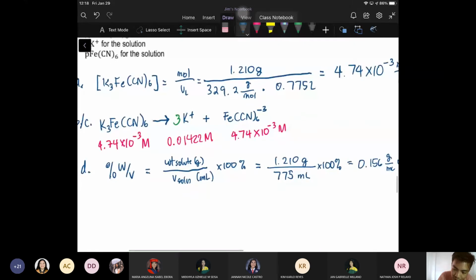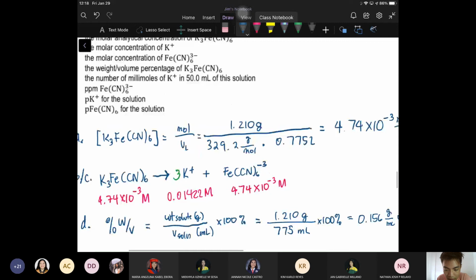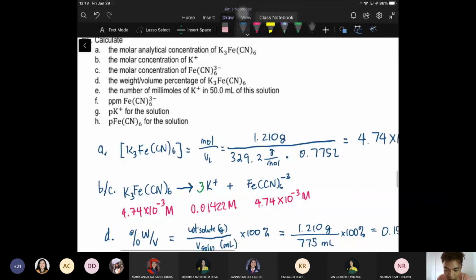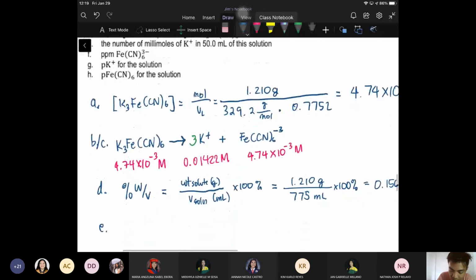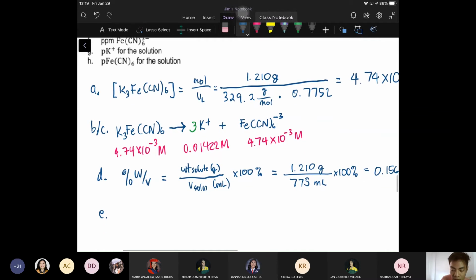Okay. Let's have letter E. Ano ba yung kailangan sa E? The number of millimoles of K+. Sige. Teka lang. Okay, so the number of millimoles of K+. Okay, so when we are abbreviating millimoles, ang sulat doon ay mmol.